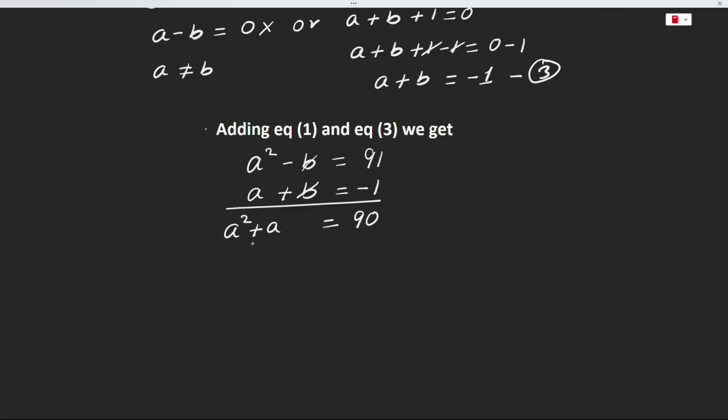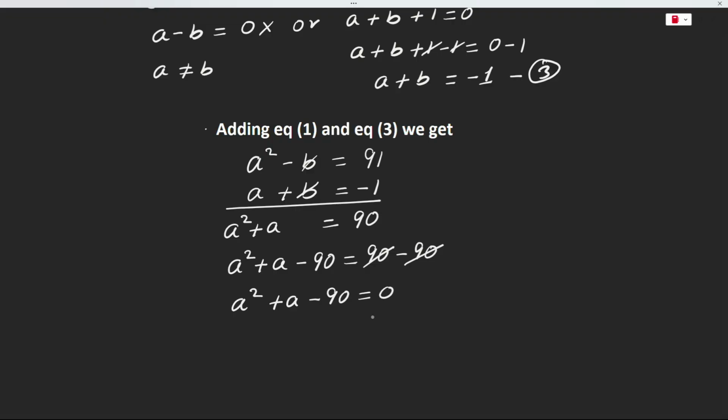Now subtracting 90 on both sides, we can write this as a square plus a minus 90 equals 90 minus 90. Here and here 90 will be subtracted by 90. This equals a square plus a minus 90 equals 0.